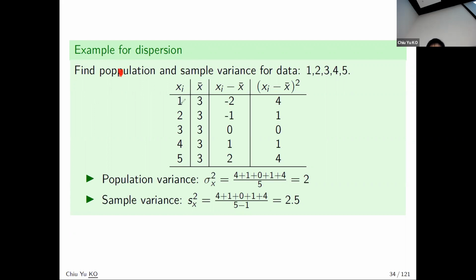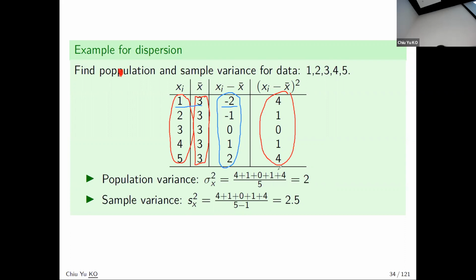You list the data in column form, and you calculate the mean in another column. And you do the operations one by one. First, calculate each observation minus the mean, and do it for every single observation. And then you square each one from the last column, and then add them all up.